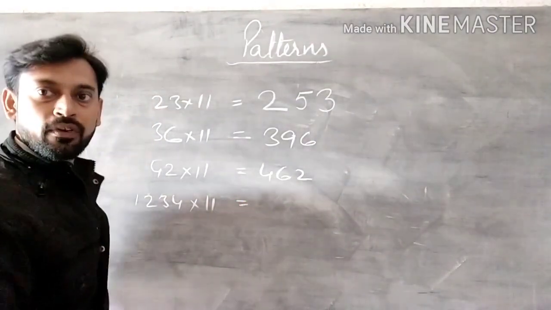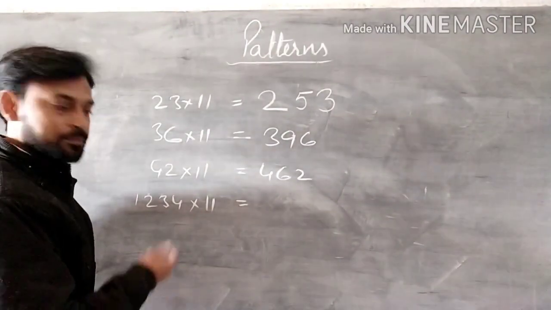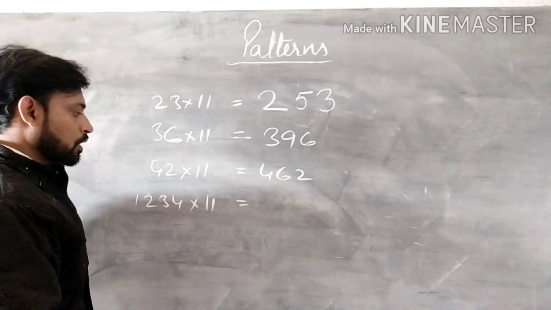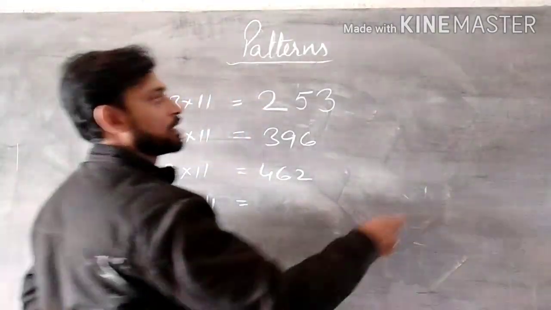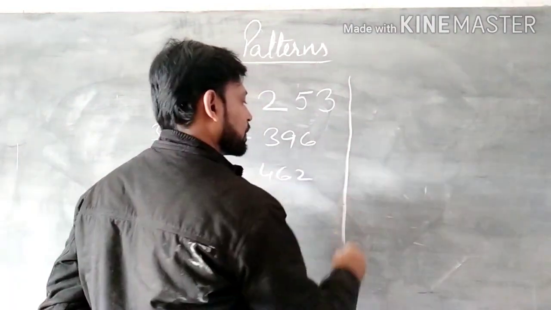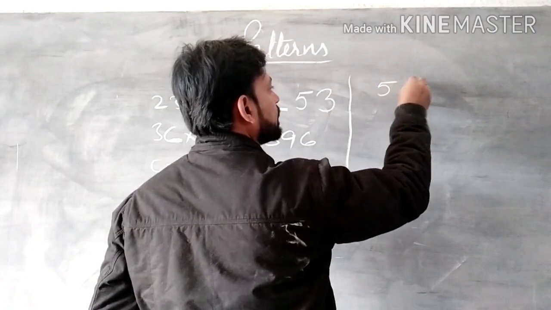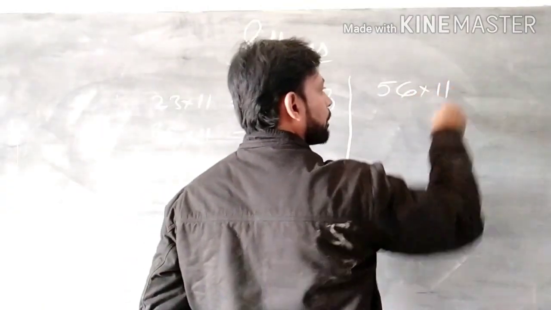Now if the number is not 2 digits but 4 digits, so what you will do? Before looking at this example, see first this example. Suppose 56 is there and you have to multiply it by 11.